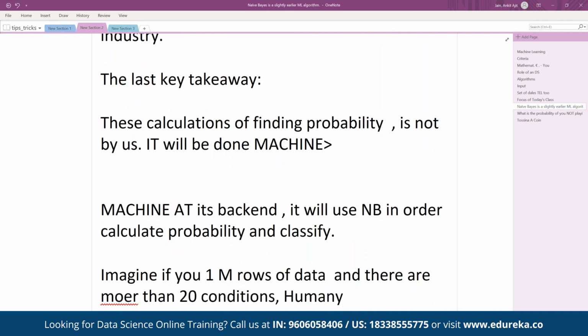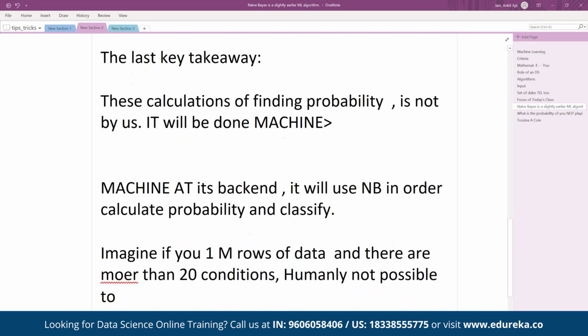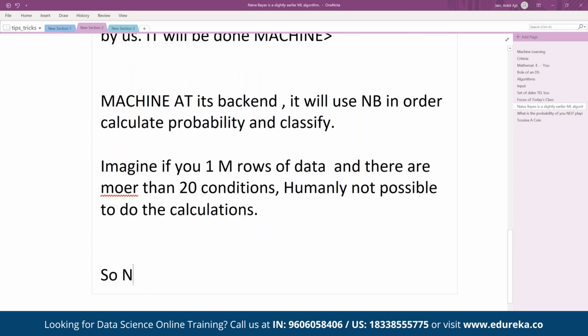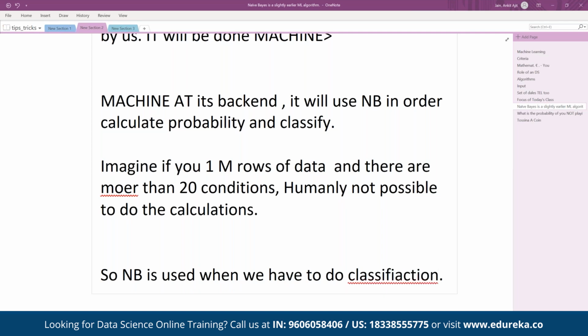It is humanly not possible to do the calculations. Who will do the calculations for us? The machine will do them, and it will do it within split seconds. So Naive Bayes is used when we have to do classification, and the machine can do it very fast.